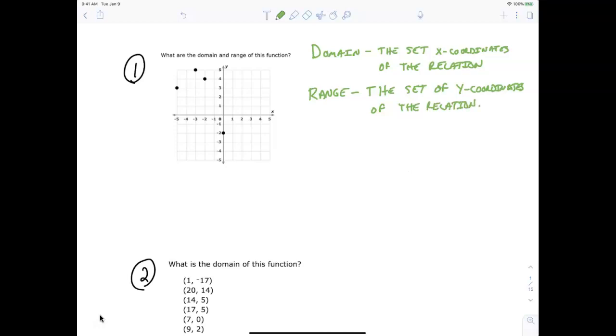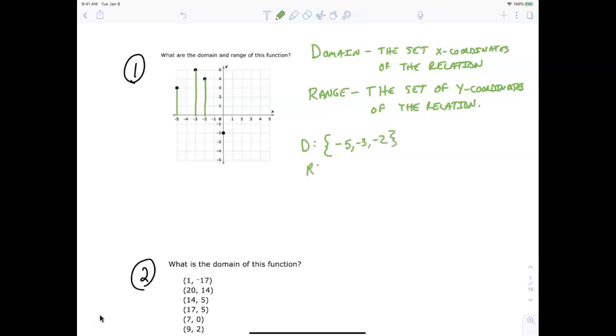So what we're going to do is write domain, colon, and then it's just a list. Now generally we start with the smallest and largest. So here's how I like to tell kids: if you're looking specifically for the x coordinates, you just find the points and you go down. Those points are -5, -3, -2.